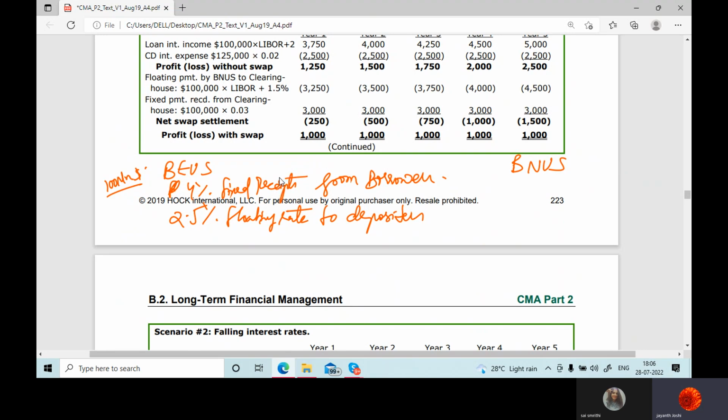Okay, which is a fixed payment they will receive, fixed interest. And they have depositors who have deposited in them, and they have to pay 2.5% interest to them. And this 2.5% is not going to be fixed, it will be fluctuating. It's a floating rate, because the interest for treasury bonds will change. This will also accordingly change, because this is linked to that. So fixed receipts and floating payments.